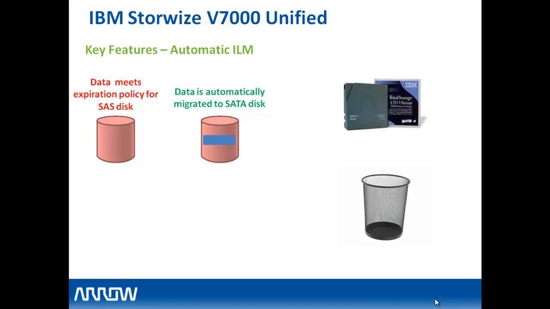So what we can then do is actually integrate the V7000 with Tivoli Storage Manager, and then automatically archive that data off to tape. So this tape data can then be physically archived onto tape, taking no electricity at all. Or should we really want to, we can automatically put a policy in place that says data is definitely not wanted anymore, it's not been touched for 10 years, should you want to, delete it.